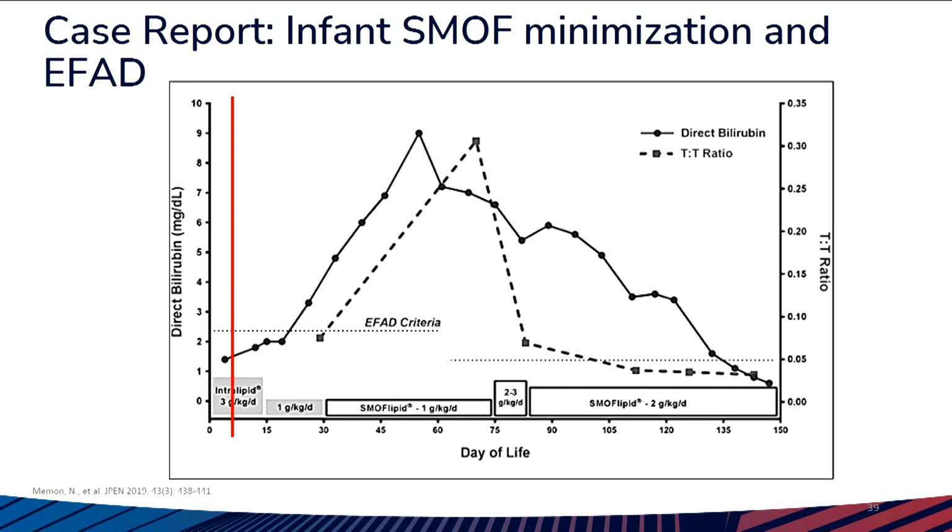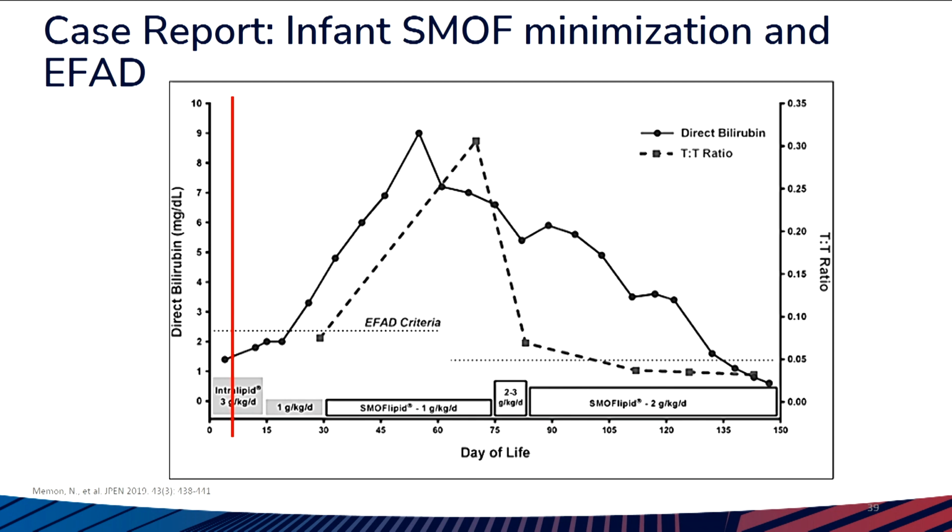When that happens, you can see the TT ratio starts to go down because now they're getting enough fatty acids, but also their direct bilirubin starts to improve. That's because, like I discussed earlier, essential fatty acid deficiency can affect your liver enzymes also. It can affect your liver.